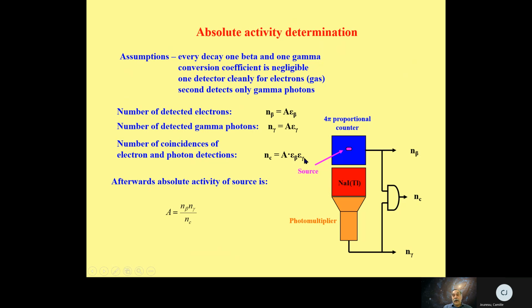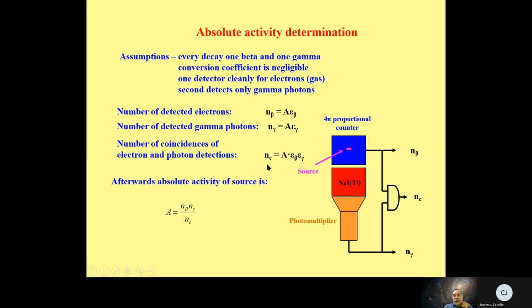That means we will obtain this. Okay, have a look at it. If you multiply beta and gamma, you will obtain A squared epsilon beta times epsilon gamma.